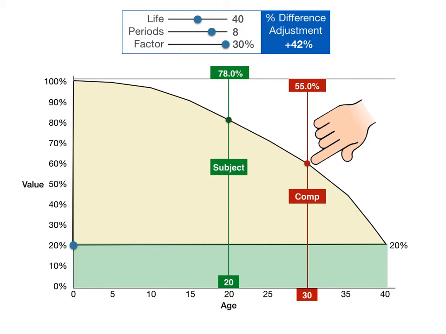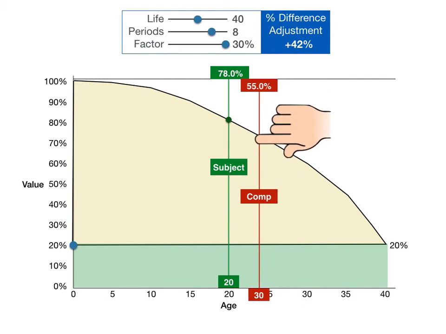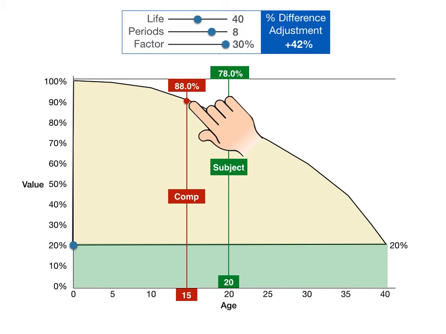Let's look at if the comp was on this side, a 15-year-old comp. We see the two effective values, 88% and 78%. Remember, we can't just take 10% and make that adjustment. We've got to look at the percentage difference adjustment. In this case, it would be minus 11.4%, which makes sense when we look at this.